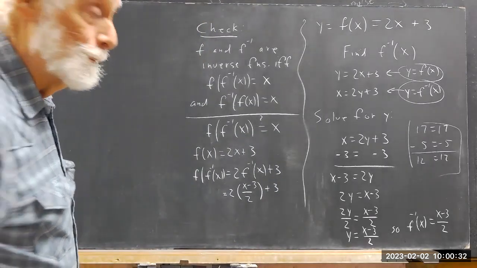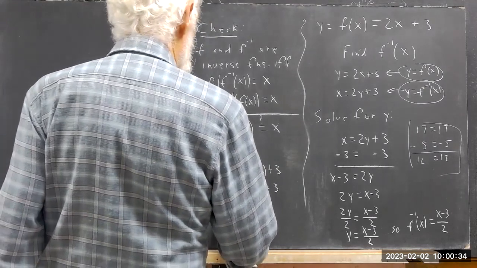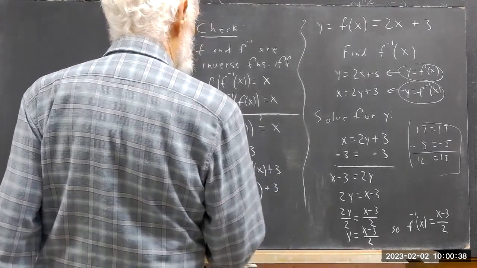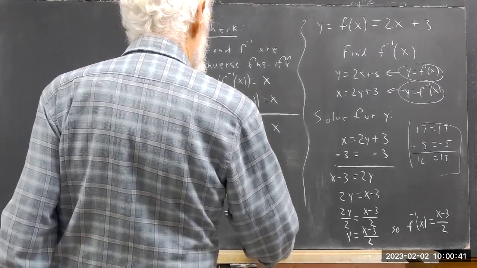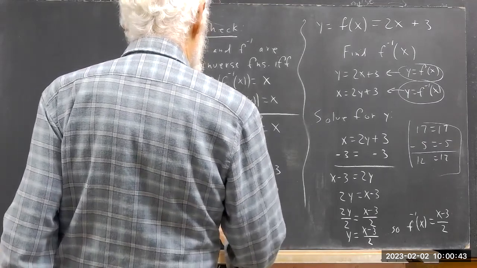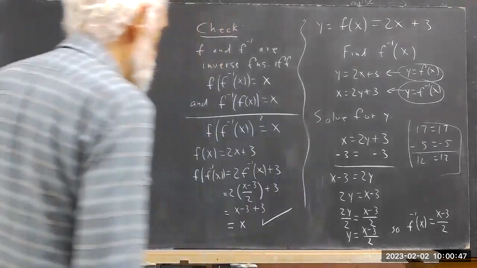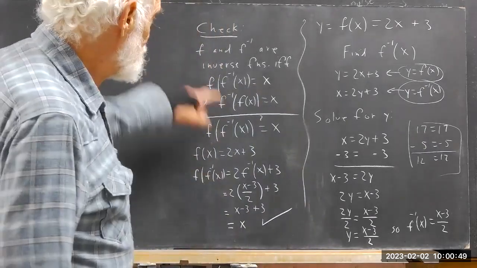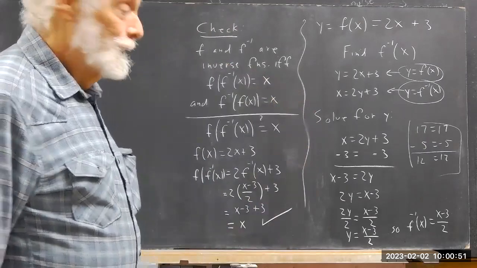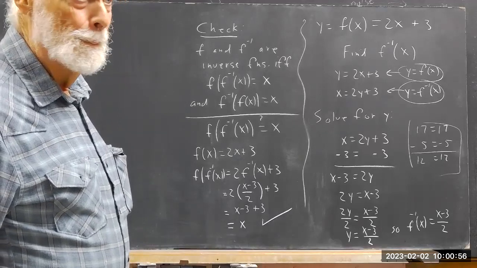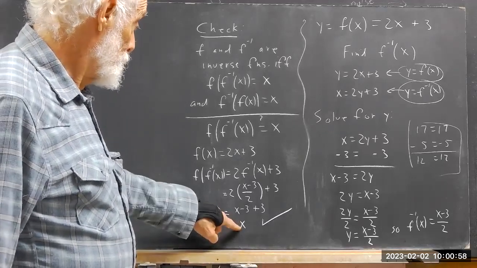Now, 2 times (x minus 3) over 2 is just x minus 3. This 2 divides this 2. And that's plus 3. And by darn, that equals x. Put a big check mark next to that, because that's what we're trying to test. Is this thing equal to x? There we have it.